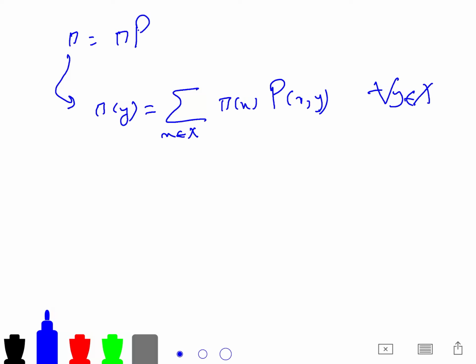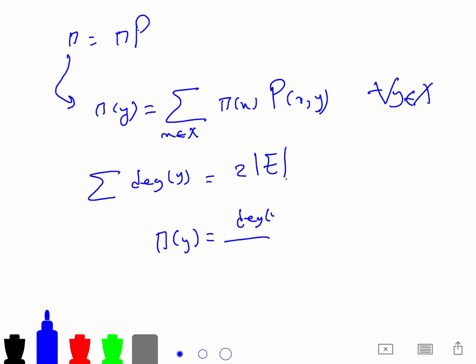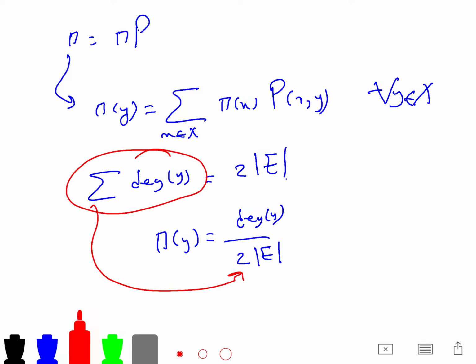So to get a probability, we simply normalize by degree of y, which is equal to 2 times the number of edges. And from the probability measure, pi of y is degree of y over 2 times the number of edges. So if you sum degree of y over all vertices, it becomes 2 times the number of edges.